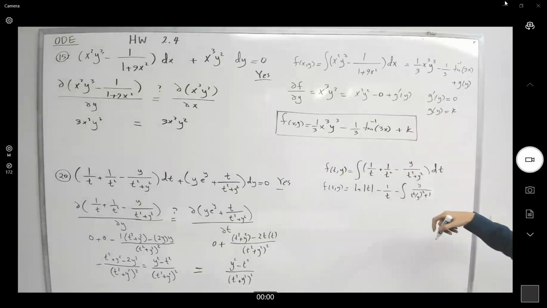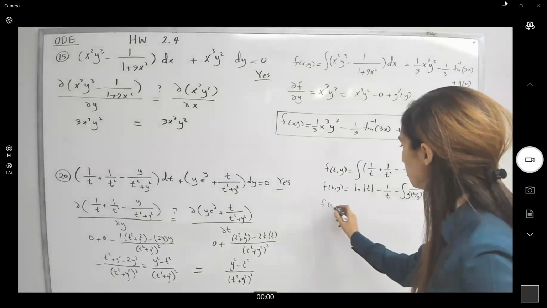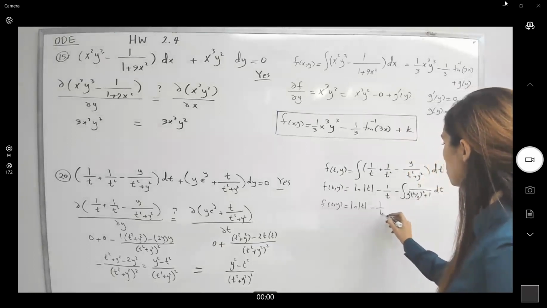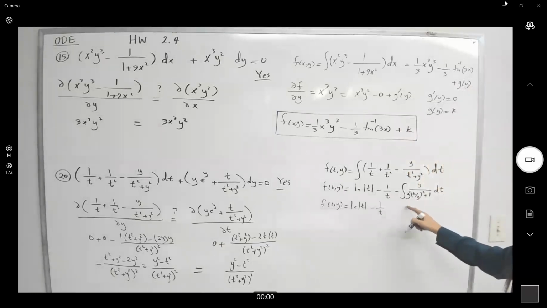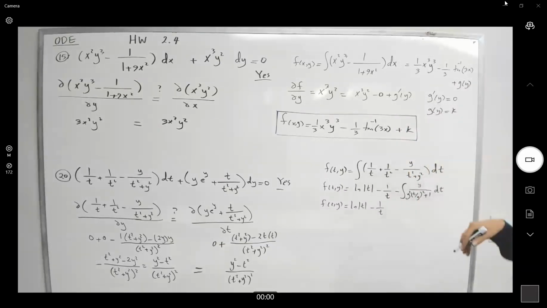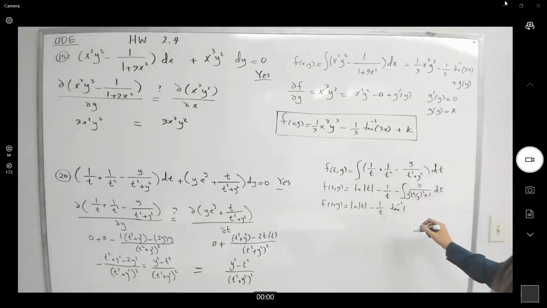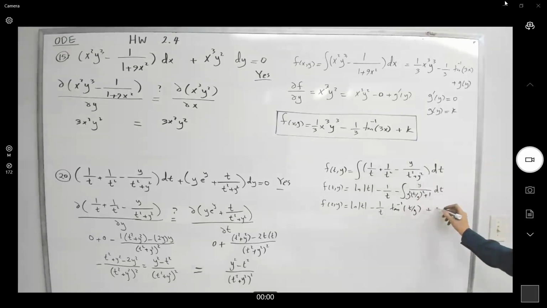I just try to factor out y squared and dt. So f of t and y becomes ln of the absolute value of t minus 1 over t. And if you simplify this, you get 1 over y on the numerator, and you have the inverse tangent of t over y plus a function in y.